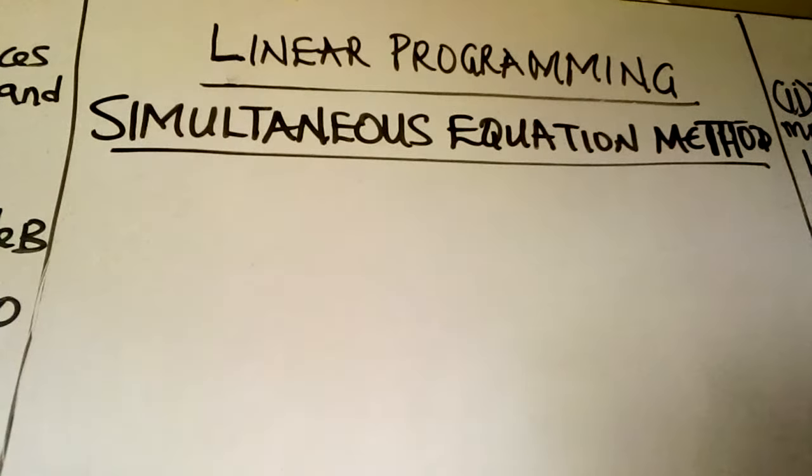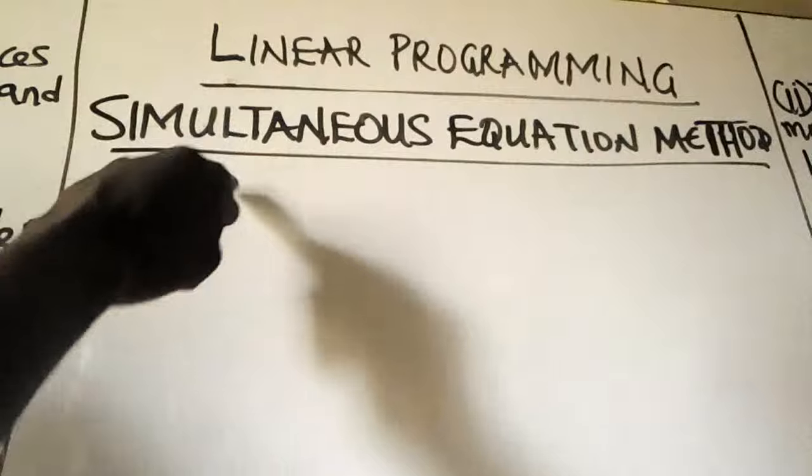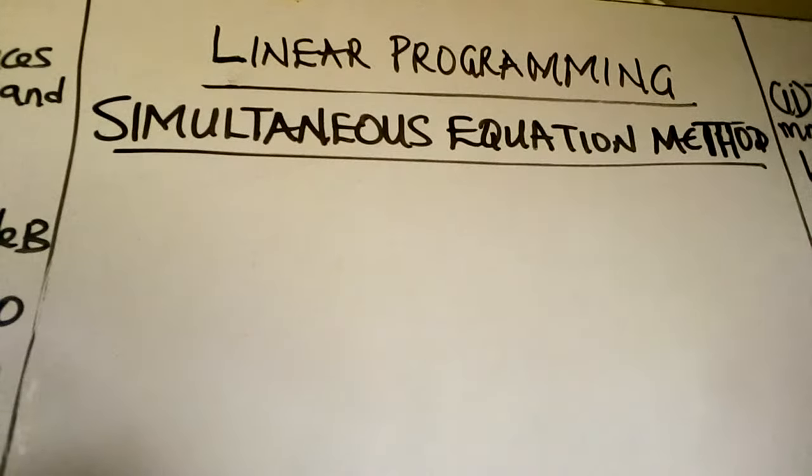Then I equally solved a comprehensive worked example. I believe at this level you'll be able to formulate linear programming. So my focus under this topic now is the simultaneous equation method of solving linear programming.